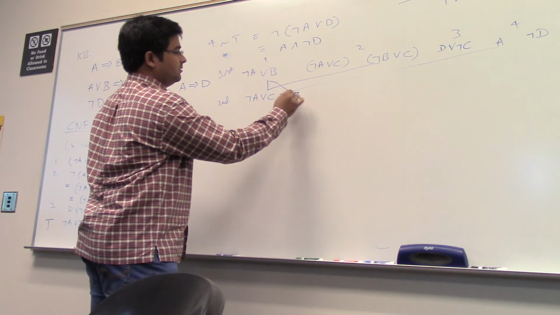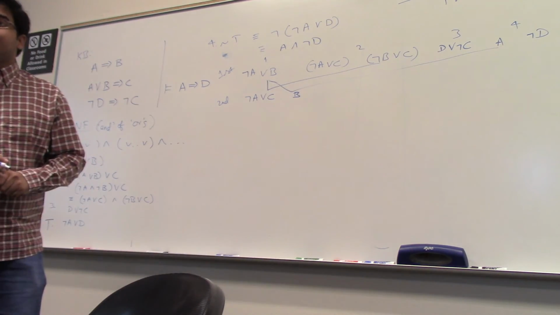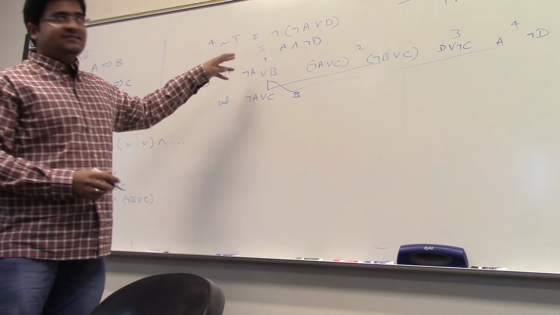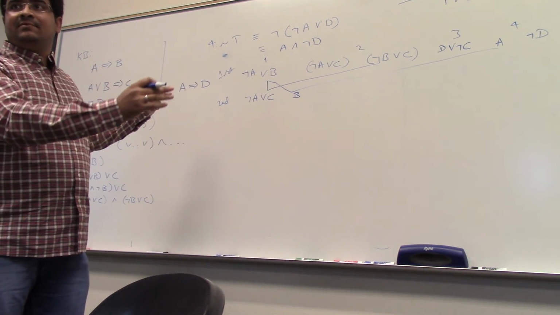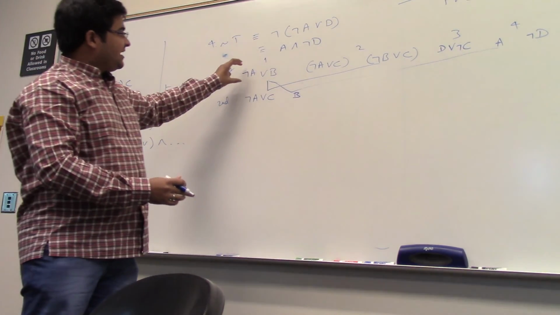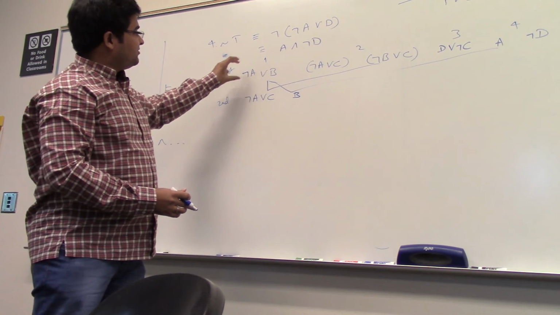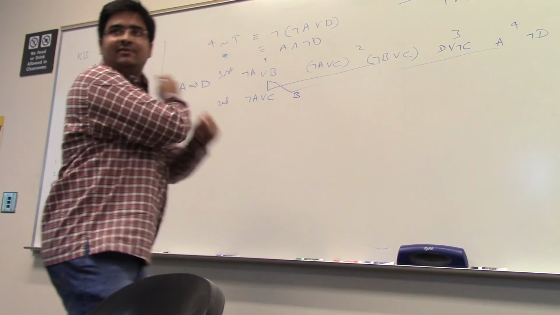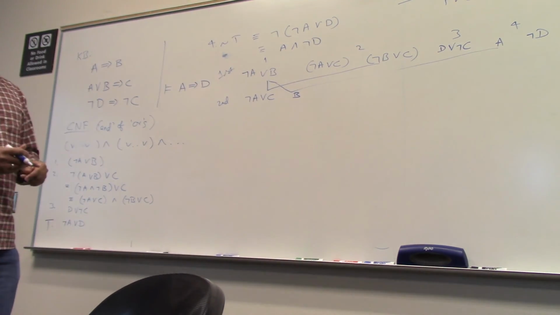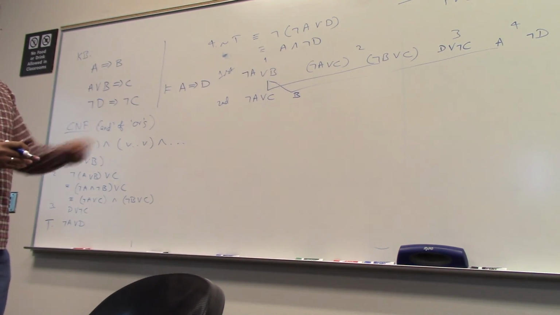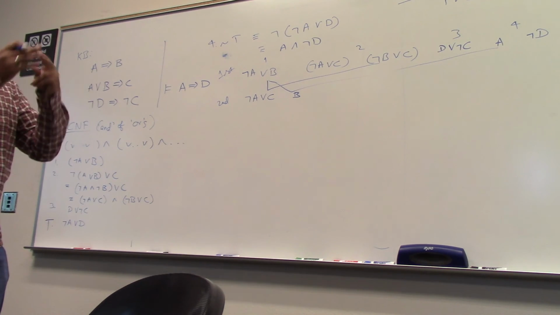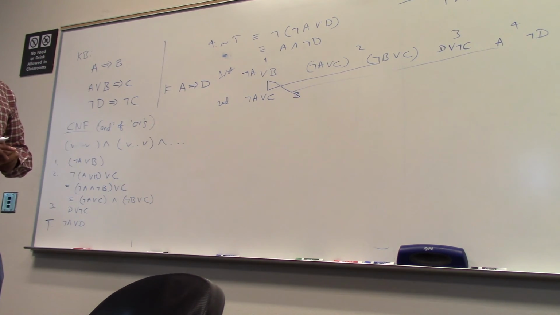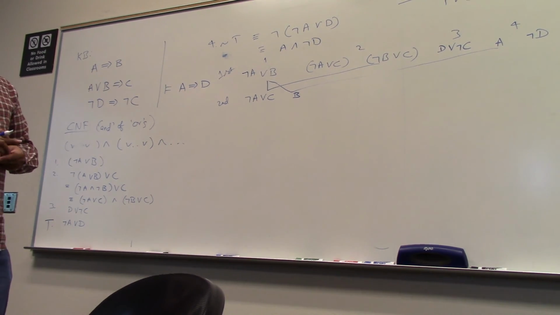Why did you get rid of the conjunctions? So we are looking for consistency of everything together. We are actually looking at the consistency of this and this and this and this and this and this and this, the entire thing together. So we can just drop them.